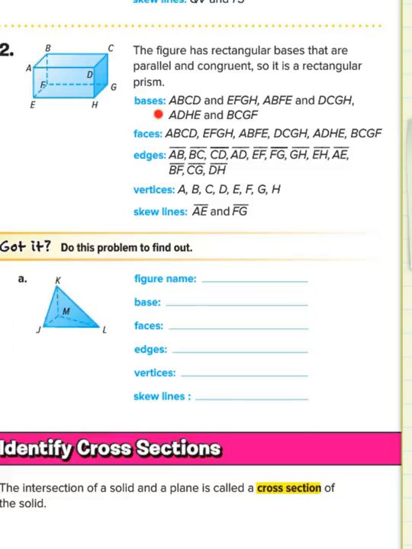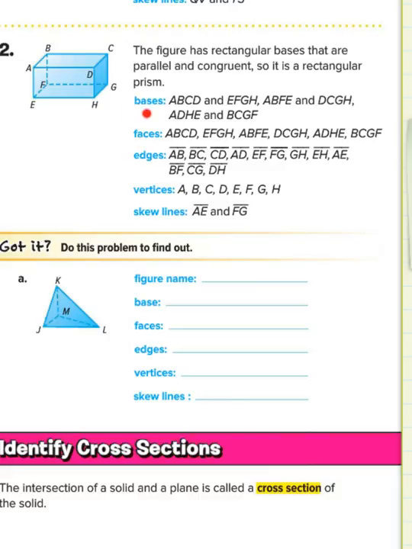So the bases all have to be named. A, B, C, D. You see that? E, this one over here. E, F, G, H. D, C, G, H. A, D, H, E, and then the last one, B, C, the very back, G, and F. Every single face is considered a base.